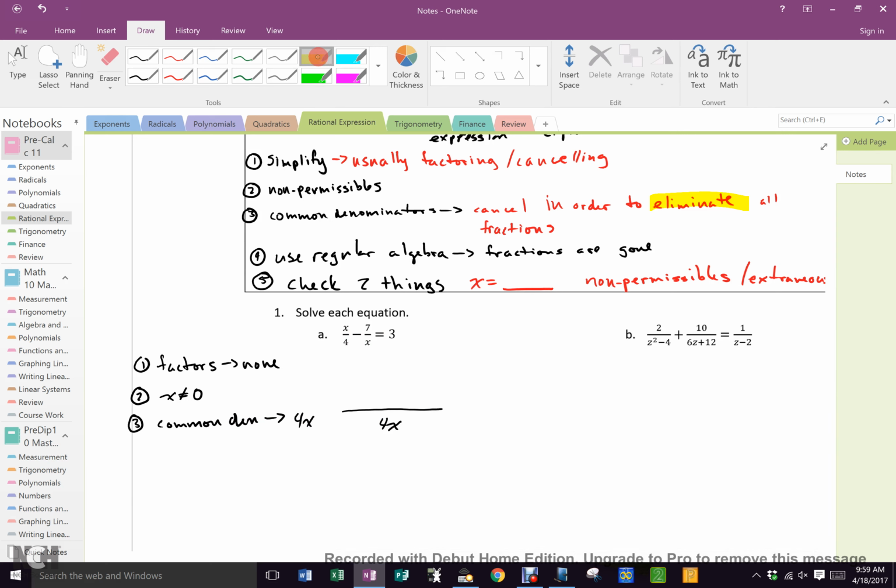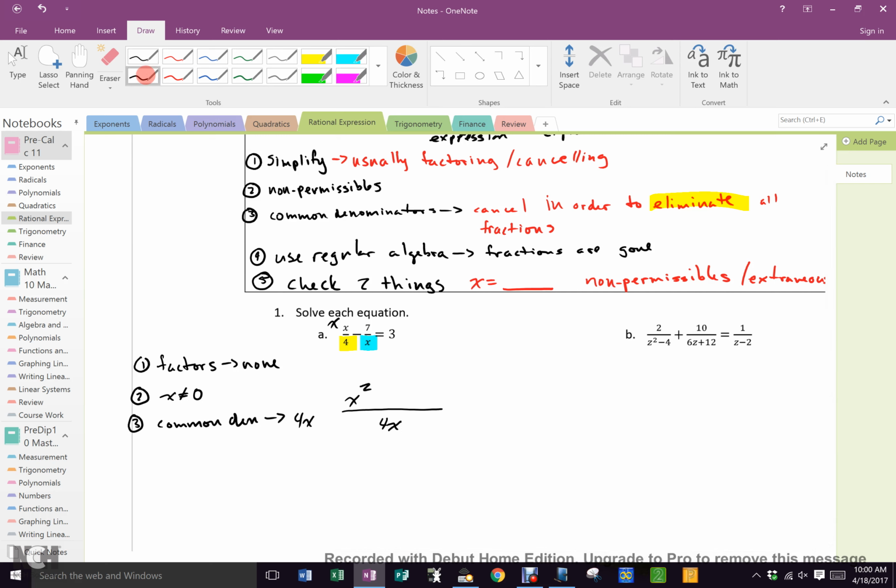Okay. So now I'm going to use my highlighter. What does that denominator need to be? 4x. What is it right now? 4. So this guy needs to multiply by x. Cool? Great. What is x times x? X squared. Agreed? Okay. What is this guy right now? X. What does he need to be? 4x. He's already got the x.